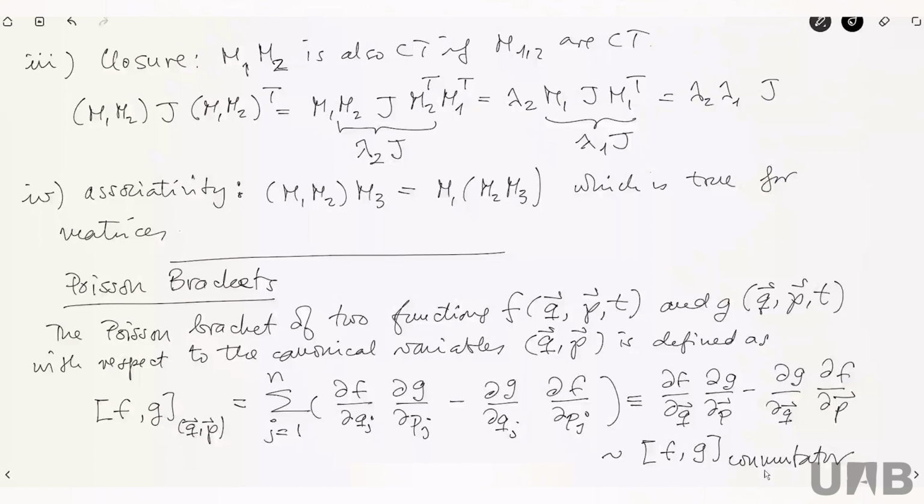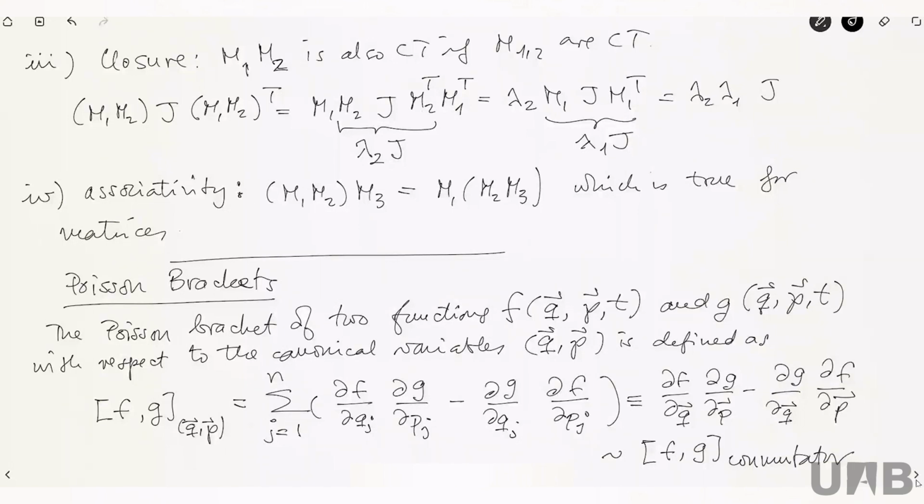It looks like a commutator. So this is already smelling like the thing that you guys already know, which is that Poisson brackets are going to be related to commutators of the corresponding operators when you quantize the theory. Okay, so this is not a coincidence. Mathematically, you already see that the properties of the Poisson brackets, just because of what the definition is going to be, are very similar to the properties of the commutator of two things.